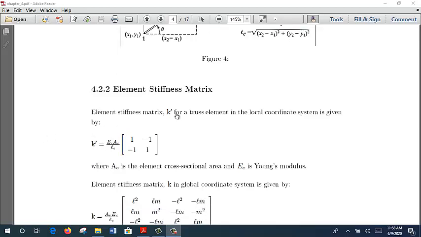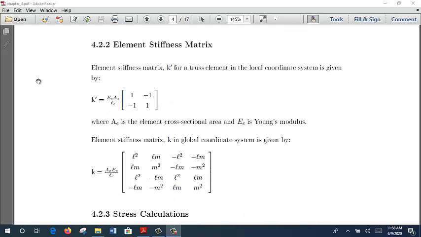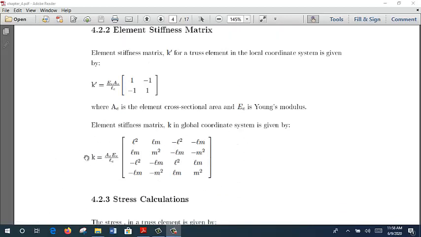So the element stiffness matrix K prime for the truss element in the local is given by EA over L times the matrix 1, -1, -1, 1, where A is the cross-sectional area and E is the Young modulus. It's very straightforward. So when we want to change from the local to the global, it becomes like this.